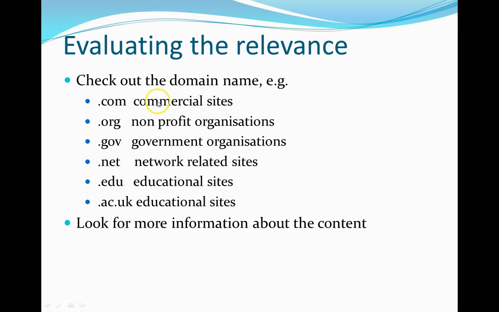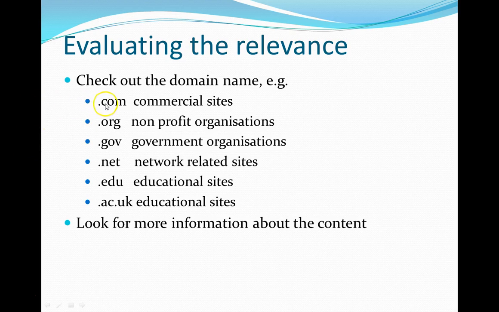For example, if the newspaper is quoting statistics, does the newspaper give a source? If it doesn't give a source, can you check on the internet if other websites agree with the statistics of the newspaper?